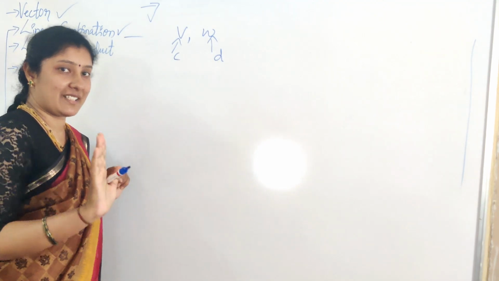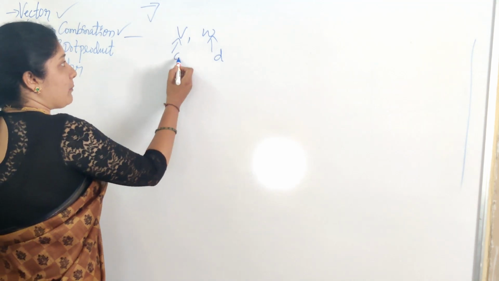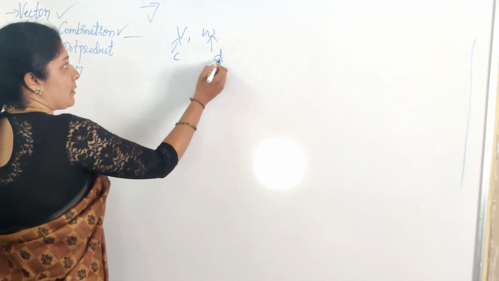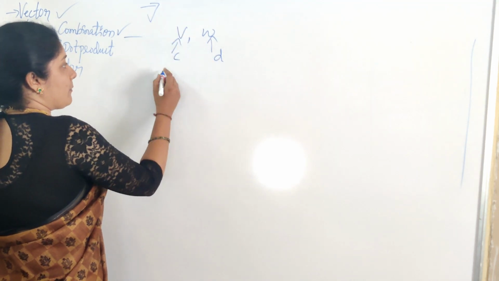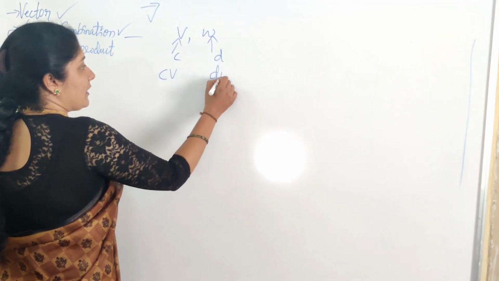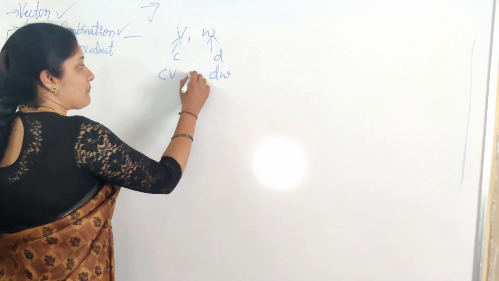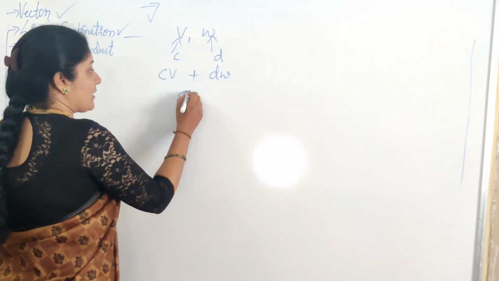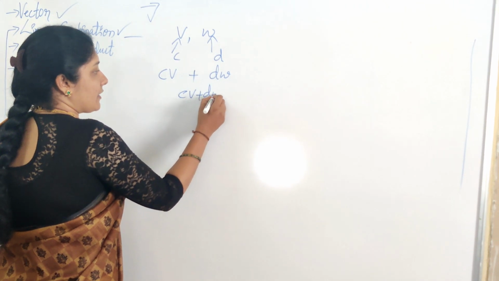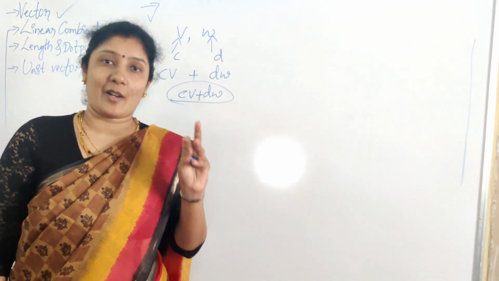These are numbers. v and w are the vectors. Now, multiply these numbers with the vectors. This becomes cv and this becomes dw. Now, add these two. That becomes cv plus dw.